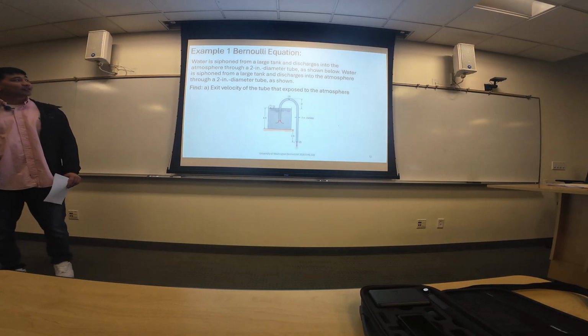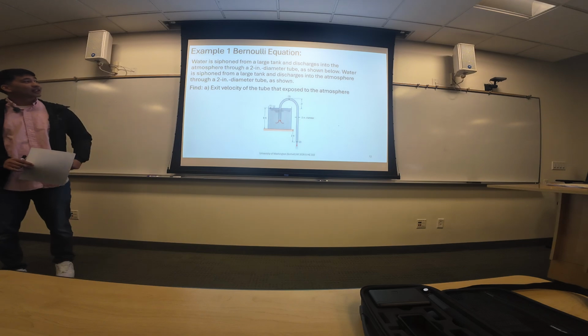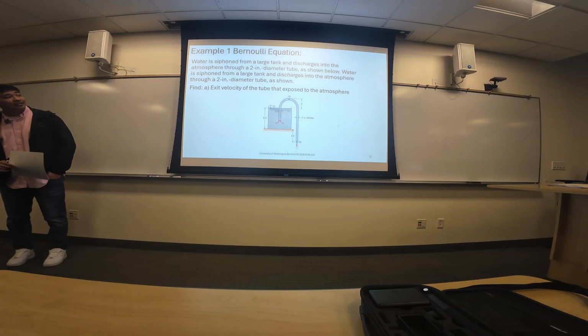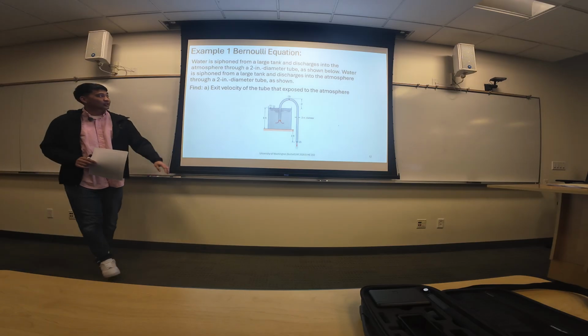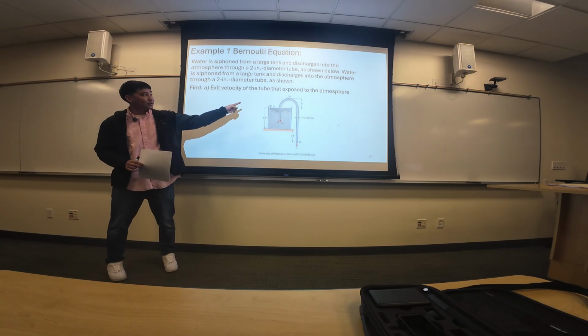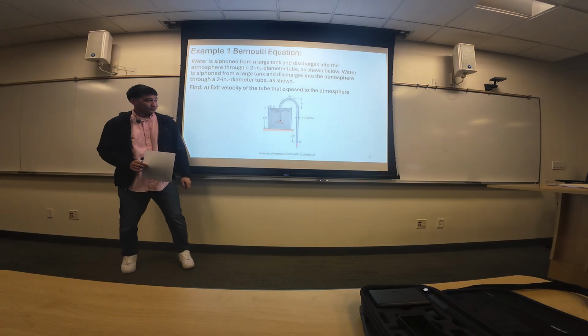Water is siphoned from a large tank and discharged into the atmosphere through a 2-inch diameter tube, as shown below. What we want to do is find the exit velocity of the tube at point 2.